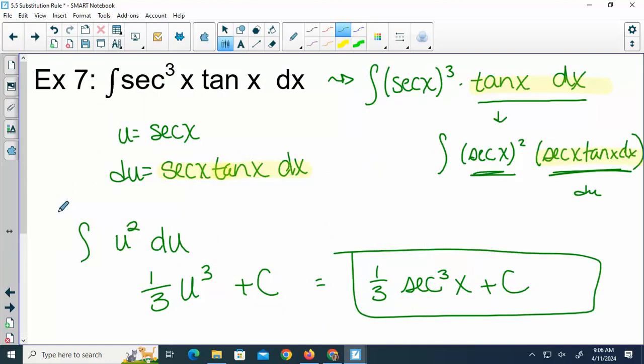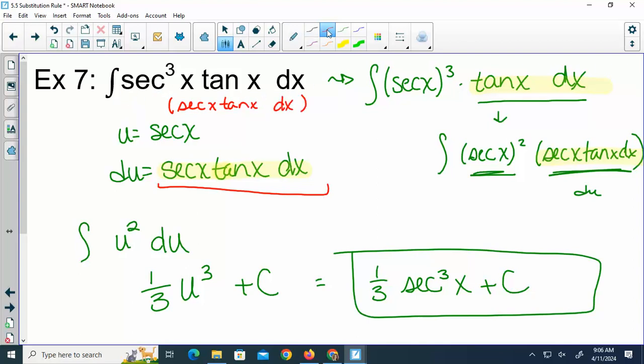Like, where did our du go? Why don't we multiply the whole thing by secant x tangent x dx? Okay, so we took the original and we rewrote it. We said, well, we know the du is secant x tangent x. So I took one of my secants away because we had 3 of them.